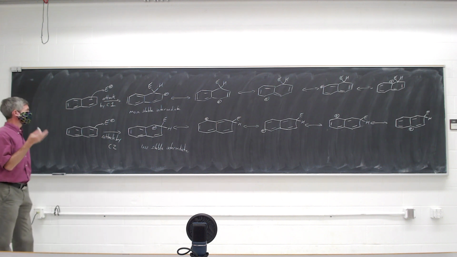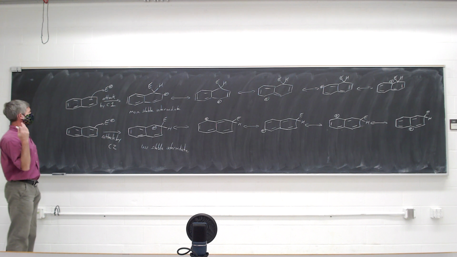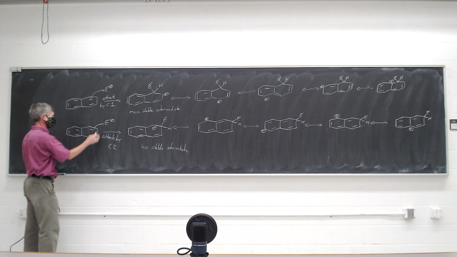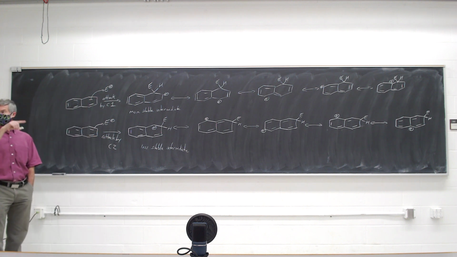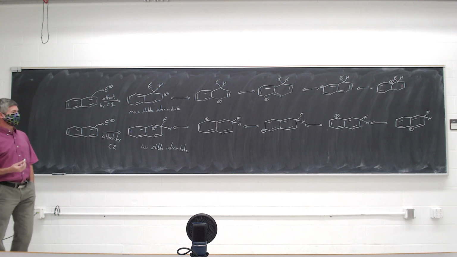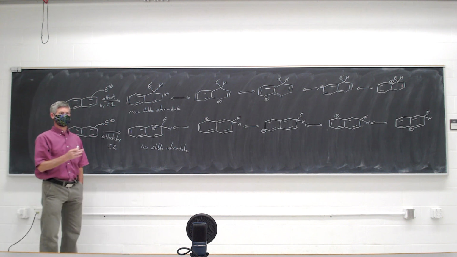So do you notice something? You should have noticed that immediately when we attack the electrophile, we've broken the aromaticity in the right-hand ring. The right-hand ring is no longer aromatic because it has an sp3 hybridized carbon in it. What about the left-hand ring? Is the left-hand ring still aromatic in this intermediate here?